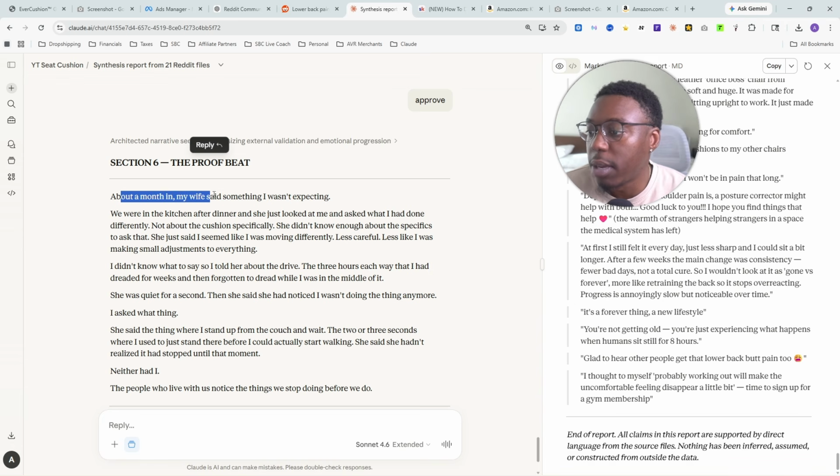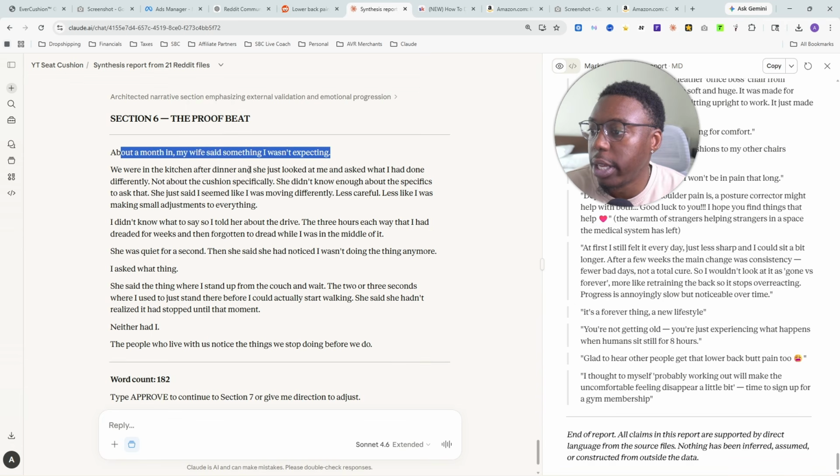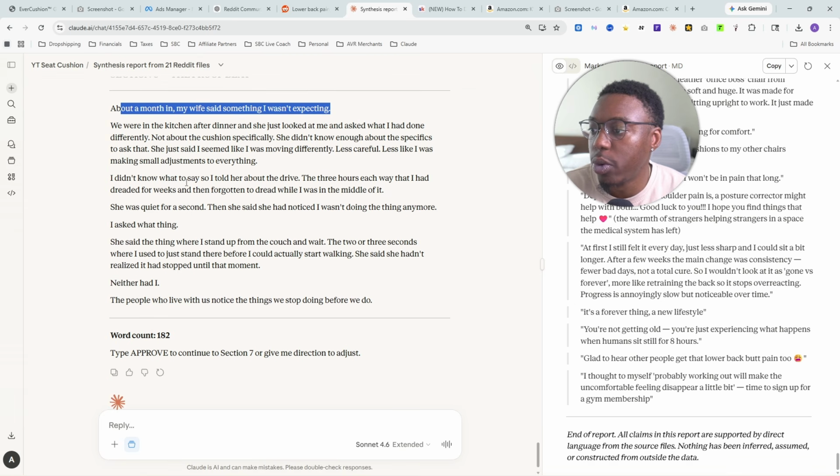About a month in, my wife said something I wasn't expecting. We're in the kitchen after dinner and she looked at me and asked what I had done differently. Not because of the cushion specifically, she just didn't know enough about the specifics to ask that. She said I was moving differently, less careful, less like I was making small adjustments to everything. I didn't know what to say, so I told her about the drive, the 3 hours each way that I had dreaded for weeks and then forgotten to dread while I was in the middle of it.